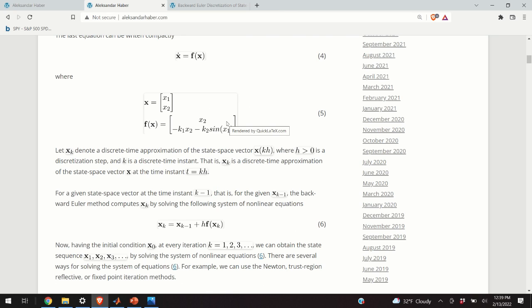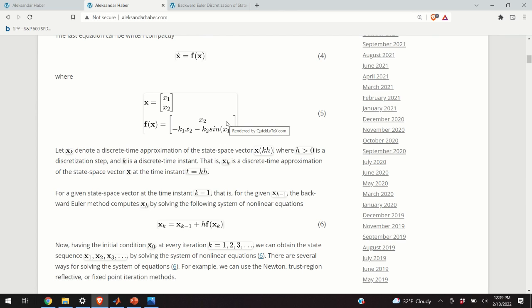Now, we can discretize this equation in order to simulate it by using, for example, the forward Euler method. However, the forward Euler method is usually unstable, and it is not recommended for systems that are stiff. Systems that are stiff have time constants of state space variables that significantly vary in magnitude.